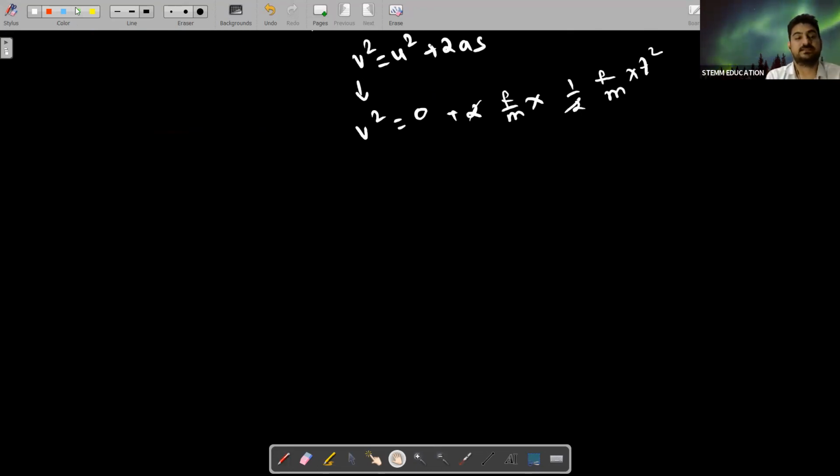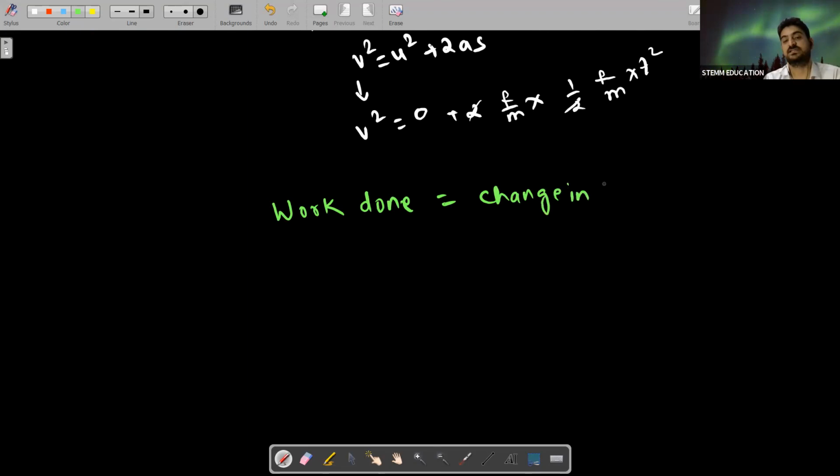So we can write down that the work done is equal to change in kinetic energy.